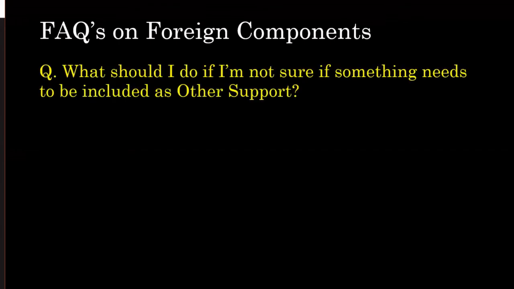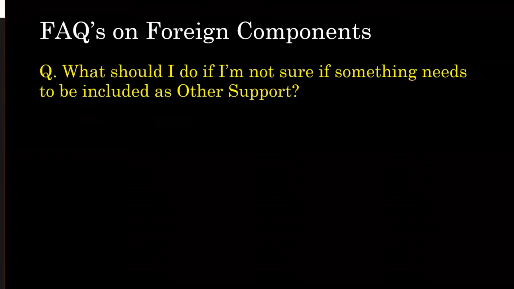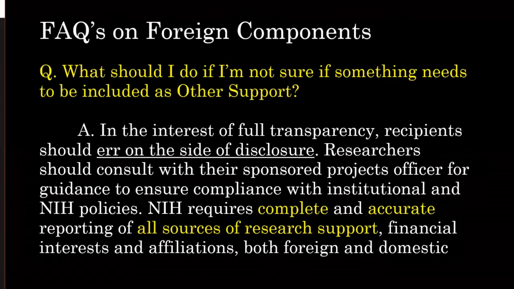The other question: what should I do if I'm not sure if something needs to be included as other support? In the interest of full transparency, recipients should err on the side of disclosure. If you know something or have a question, you should always disclose. And NIH is instructing that as soon as we know, we need to disclose, including in ongoing research.